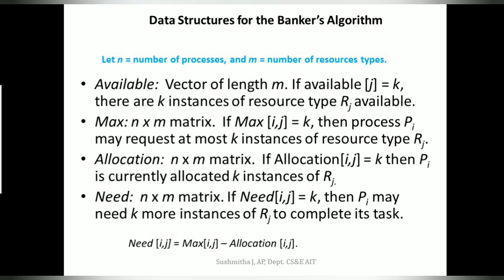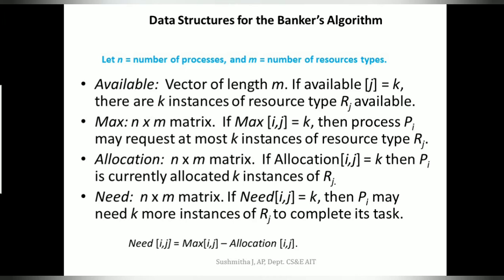Now available, let me define each of the terms, and you can see most of it is an array or a matrix. What is an array or a matrix? Why is it so? We will see it in the next slide. Now, available is, for example, in the system, there is resource R1 of 5 and process P1 is requesting 2 instances of resource R1.